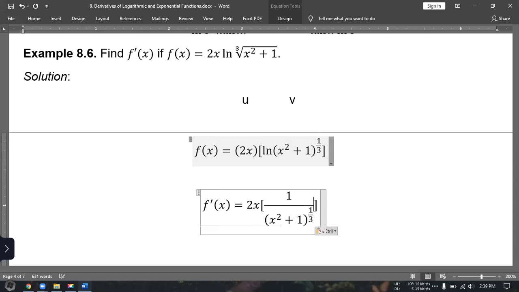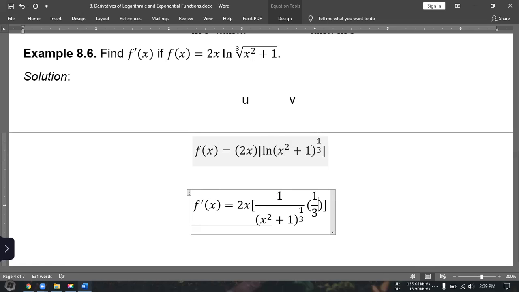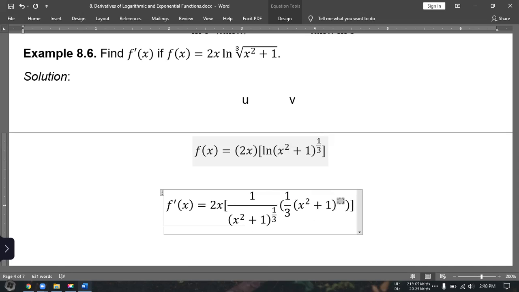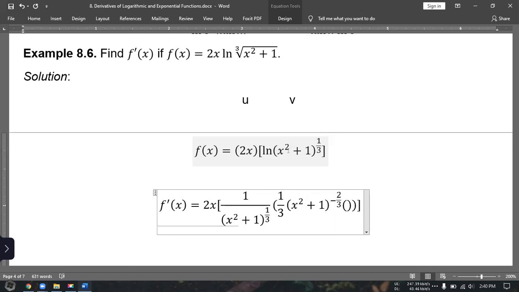And we have the derivative of the quantity x squared plus 1 raised to 1/3 by chain rule, which is 1/3, parenthesis ulit, copy x squared plus 1. Then bawasan natin ng isa yung exponent. 1/3 less 1 is negative 2/3, times the derivative of x squared plus 1, which is 2x.